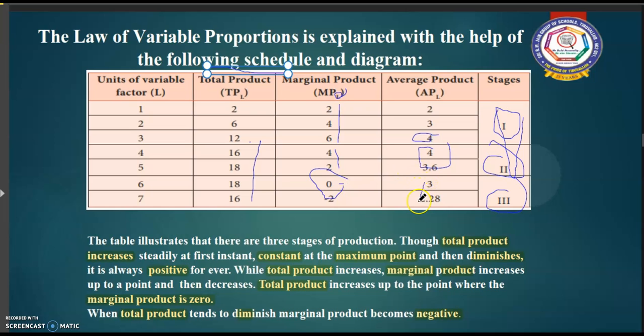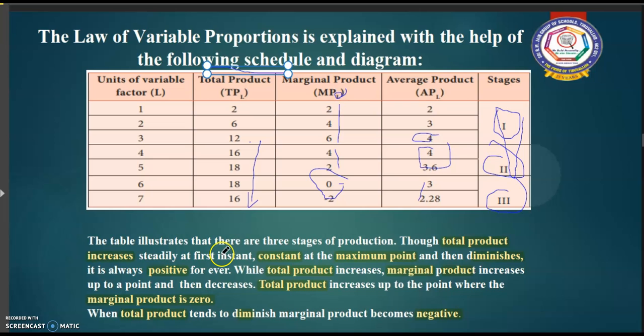Here it starts to fall but it remains positive. After the 6th unit, total product of labor declines with the employment of more units of variable factor labor. So you can see it has come down from 18 to 16 here.